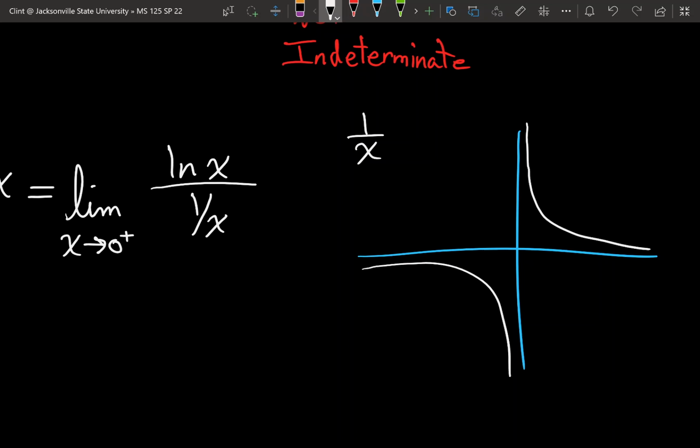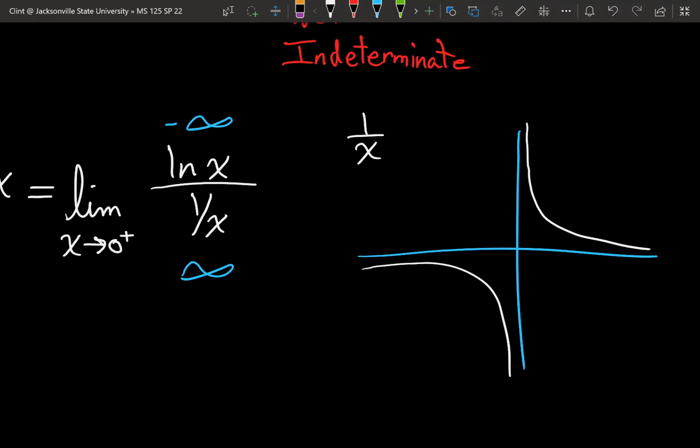As we approach 0 from the right, it's going toward infinity. And that's okay, the signs are different. So the top is going toward negative infinity, and the bottom's going toward infinity. That's indeterminate form. The sign's not important for that part.